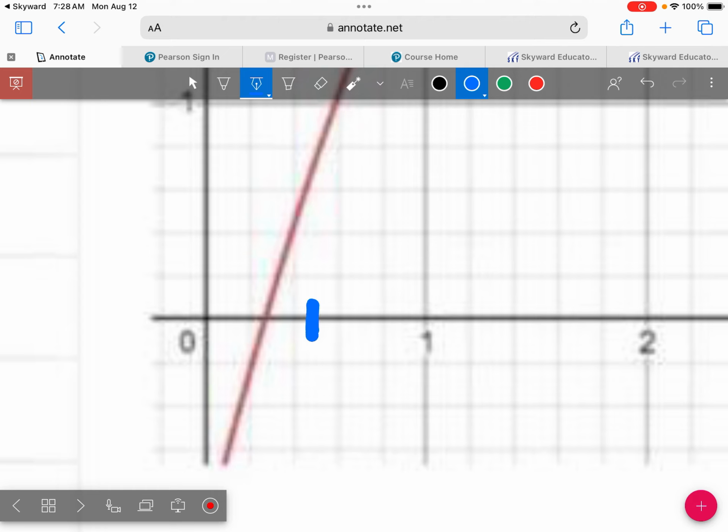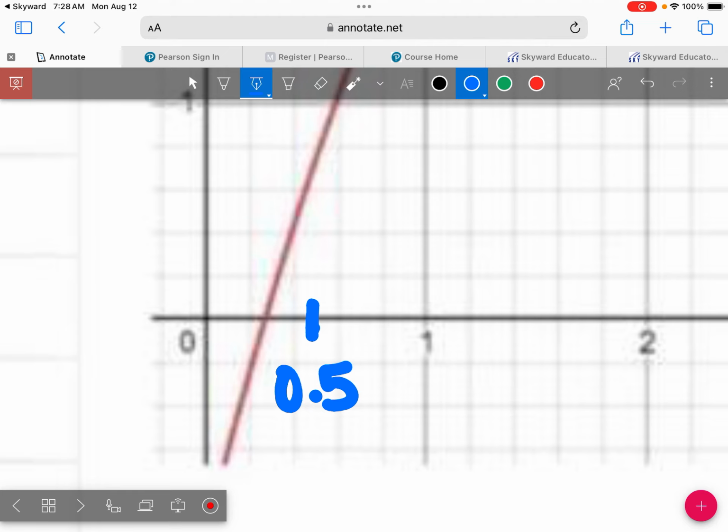This right here would be halfway, so that would be 0.5. So do we think our number is going to be less than 0.5 or more than 0.5? Less. So somebody give me a number less than 0.5. Less than 50 cents.